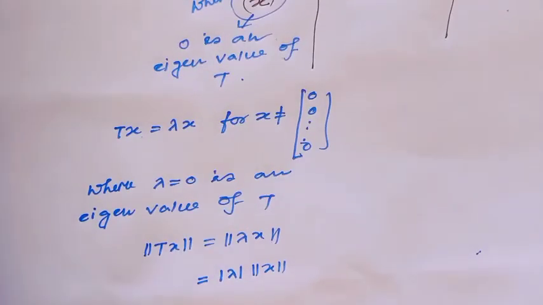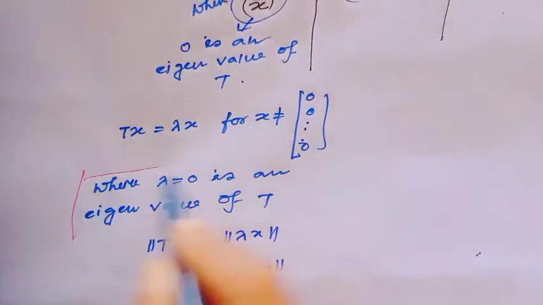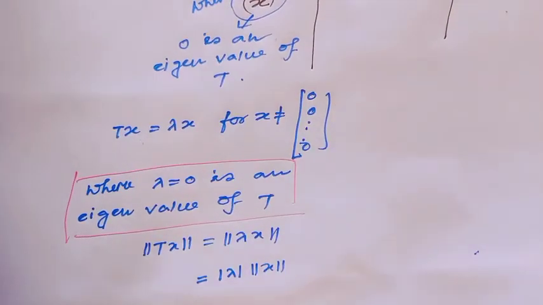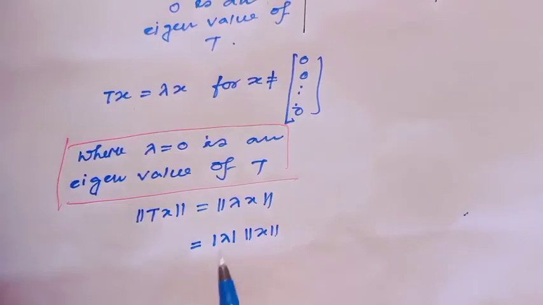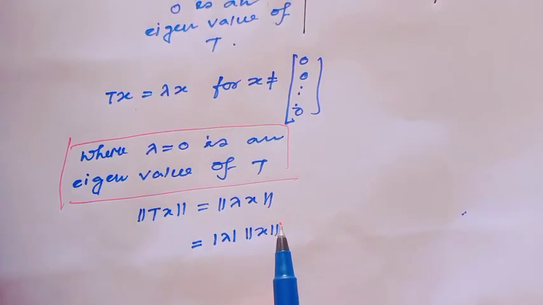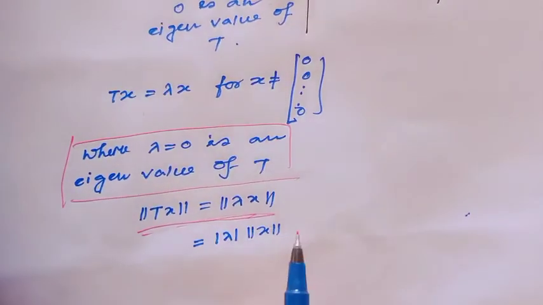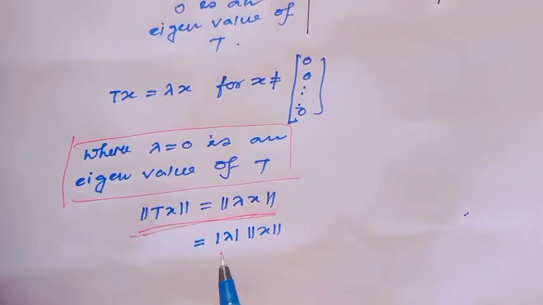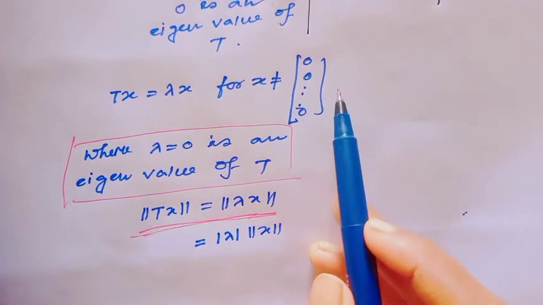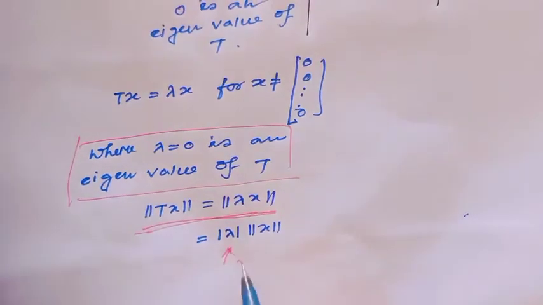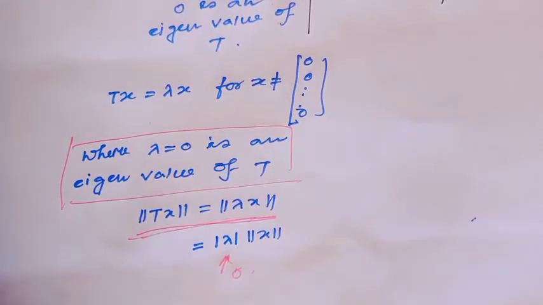When lambda equals 0 is the eigenvalue of this linear transformation T, then norm Tx equals norm lambda x, and this equation would also be satisfied for lambda equals 0. Since lambda equals 0, this is the same as absolute value of lambda times norm x, where x is any non-zero vector and here lambda is 0. Are you getting?